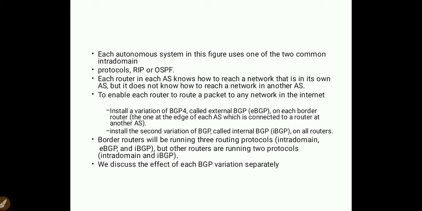The first one is called eBGP. eBGP uses a border router. In external BGP, this enables a border router to connect with another autonomous system. iBGP is used to communicate with all the other routers within the autonomous system.